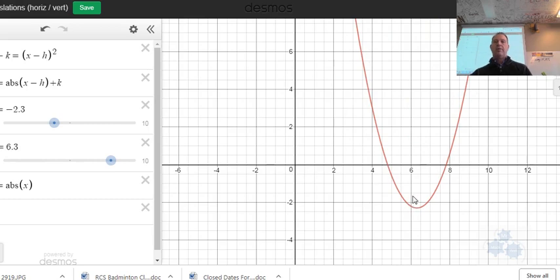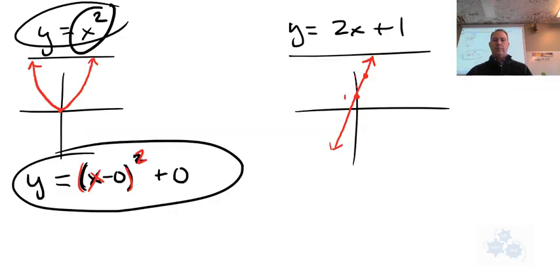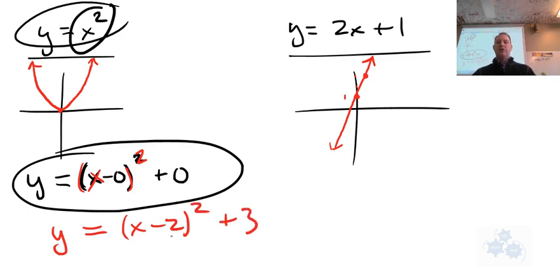So the equation for this parabola would be, let's try this one, y equals x minus 2 squared plus 3. Let's draw it on here.